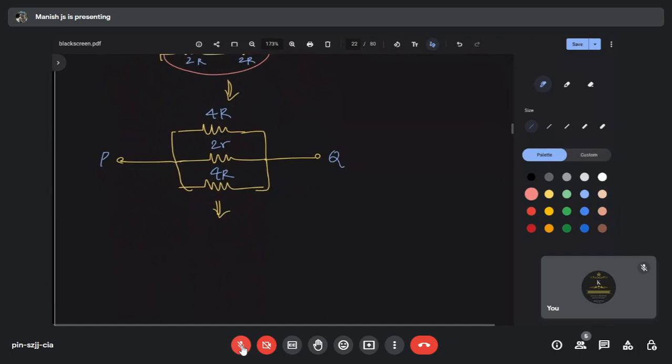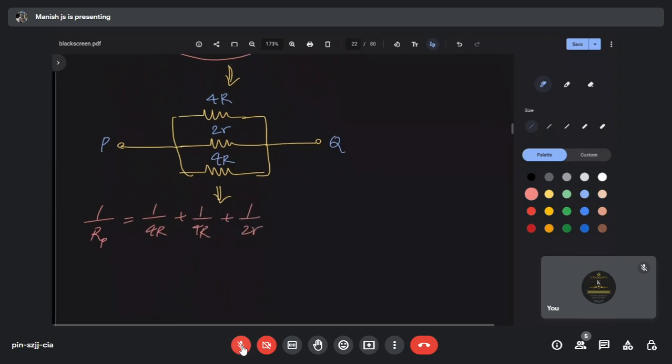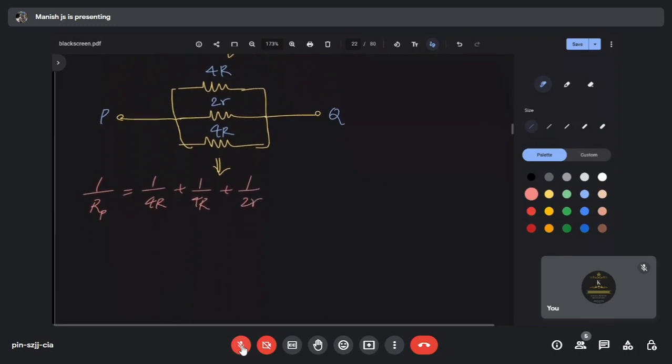Apply the parallel formula. 1 by R1 plus 1 by R2 plus 1 by R3. Plus 1 upon 2R. So further you simplify this.